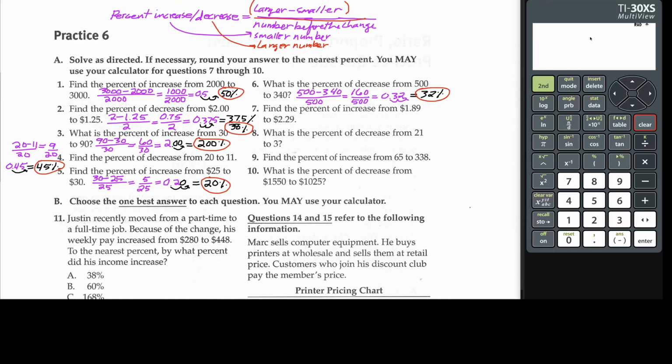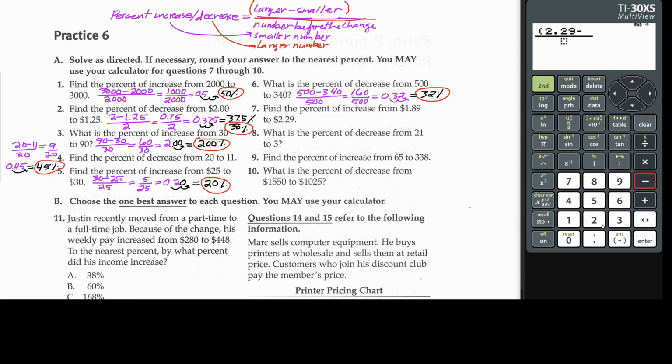Find the percent of increase from $1.89 to $2.29. So the top number, okay, I'm going to need to hit N over D so I can get a fraction. Okay, the top number, I will need to put a parenthesis, and then I will punch in $2.29.